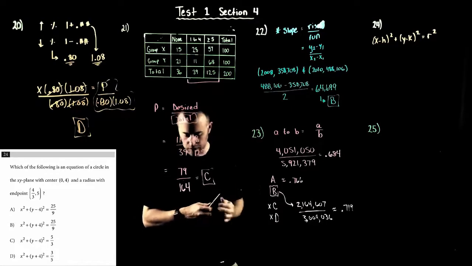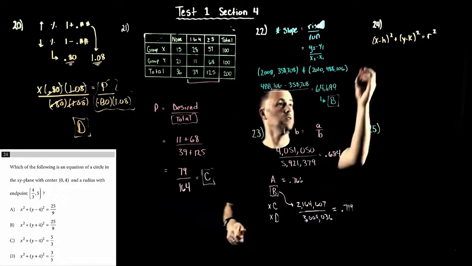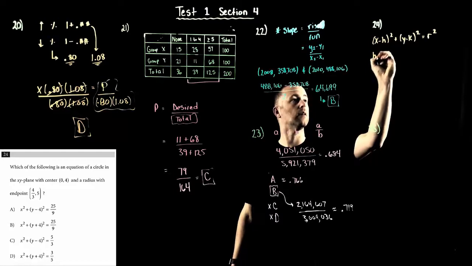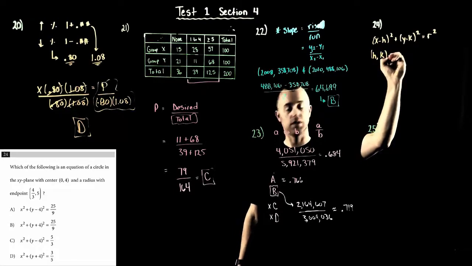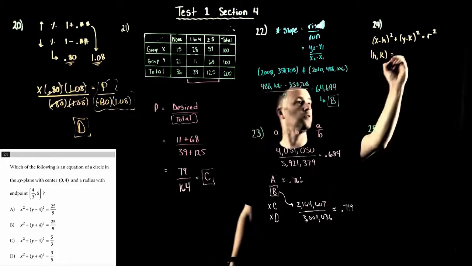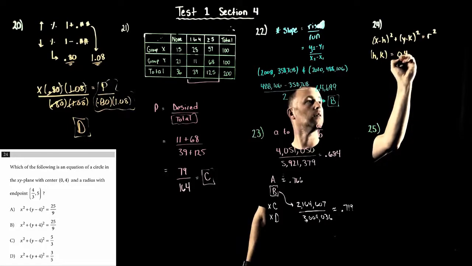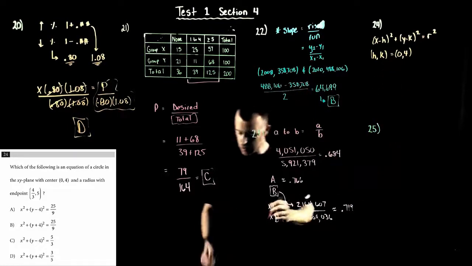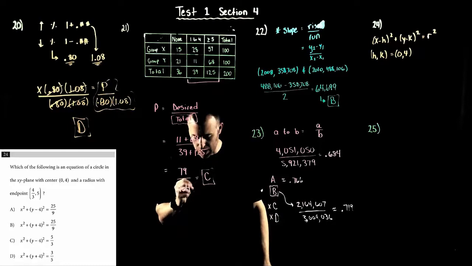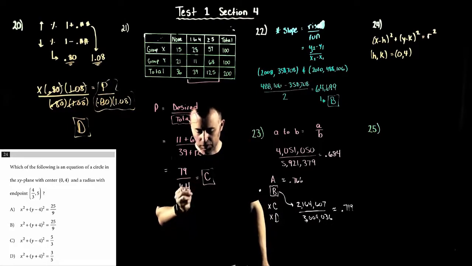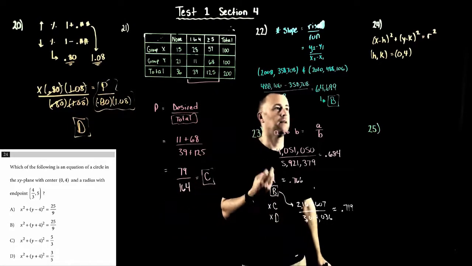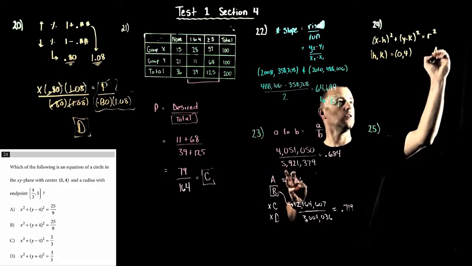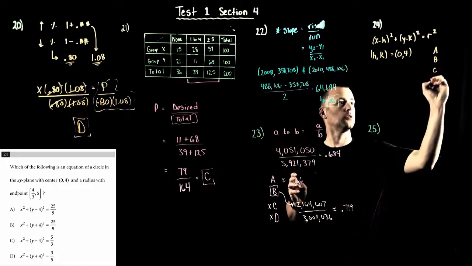This one's giving you the center. So what they're doing is giving you h and k. In this case, (h, k) is equal to (0, 4), and it has a radius with an endpoint of (4/5, 5). Before I go ahead and solve this, I want to show you a little shortcut.